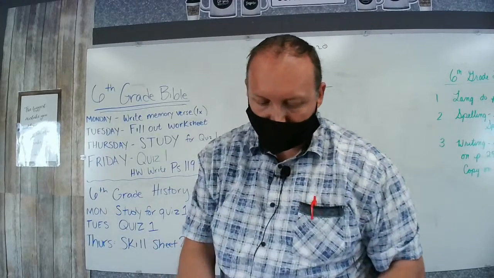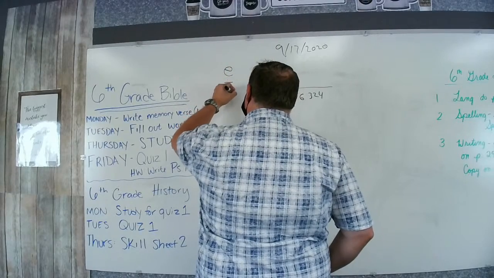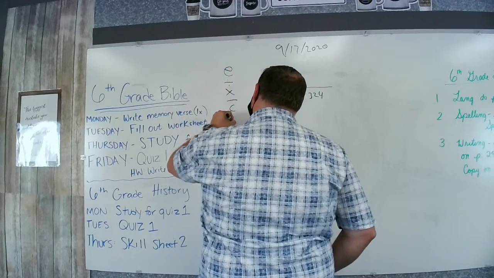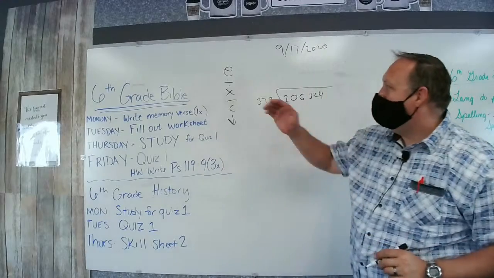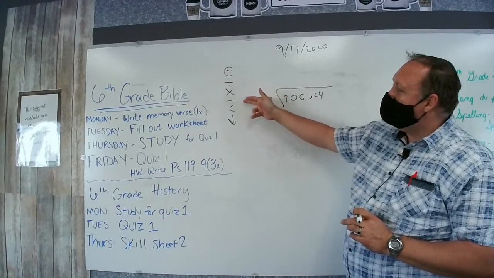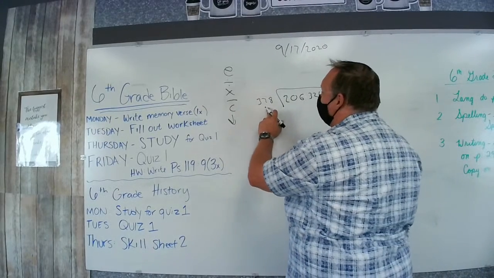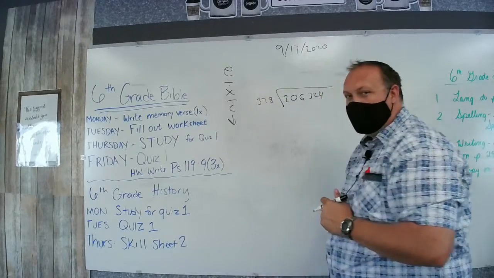Okay? I have my steps of division right here. Estimate, divide, multiply, subtract, compare, bring down. We're going to estimate. What number are we using to estimate?